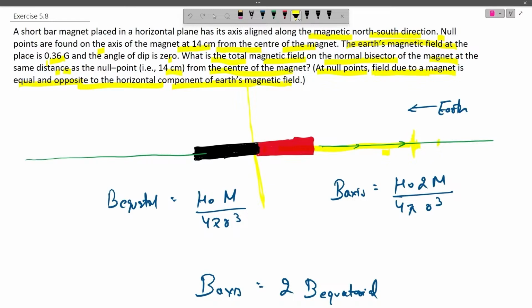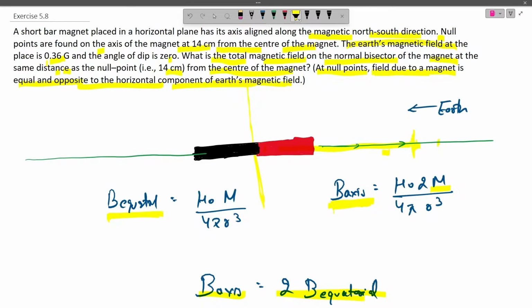So in that way we have been hinted the magnitude of magnetic field at the axis of the bar magnet at 14 cm. And also we know that B at axis, the magnitude of magnetic field at the axial position, is given by mu naught 2m by 4 pi r cube, where m is the magnitude of magnetic moment, and at the equatorial position it is given by mu naught m by 4 pi r cube, and B at axis is equal to 2 times B at equatorial position, where r is the same.